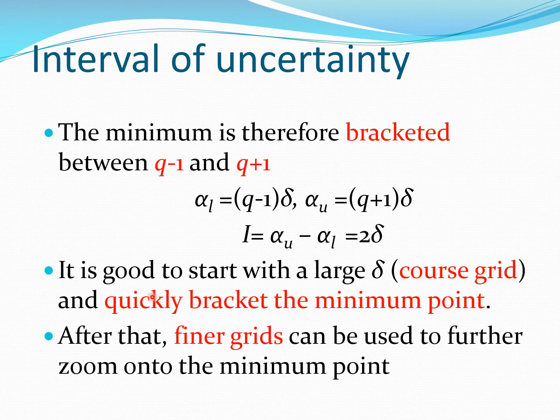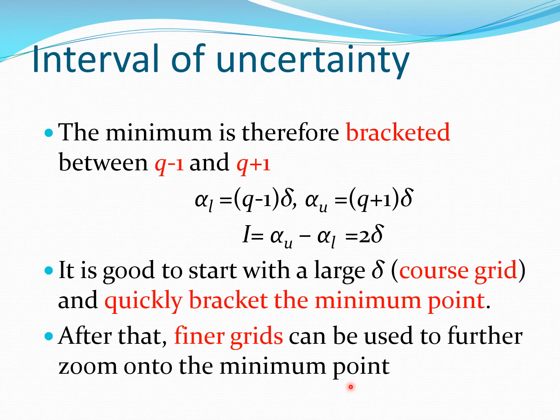So therefore, what is essentially done is that you start with a coarse grid or a relatively large value of delta, and you quickly bracket the minimum point. And once you have done that, you can further split this particular bracket into finer grids and keep doing this till you reach the minimum point.